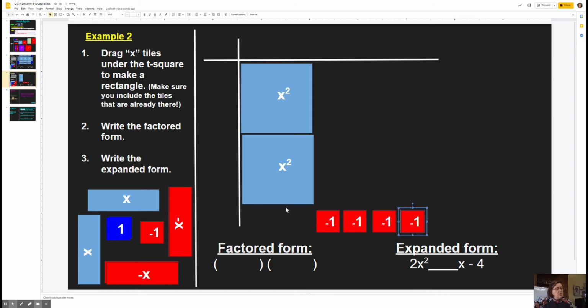So now what we have to do is figure out what we are going to put here underneath this x and what we are going to fill in this open space.